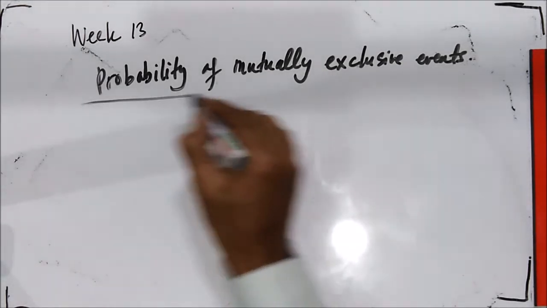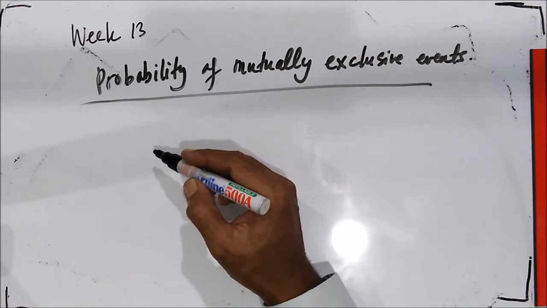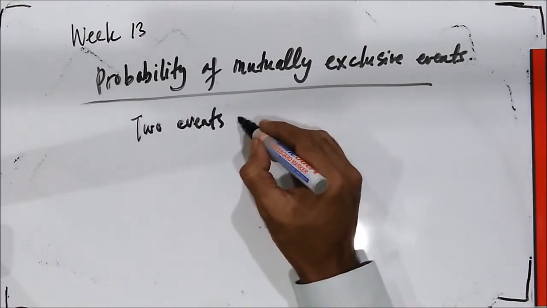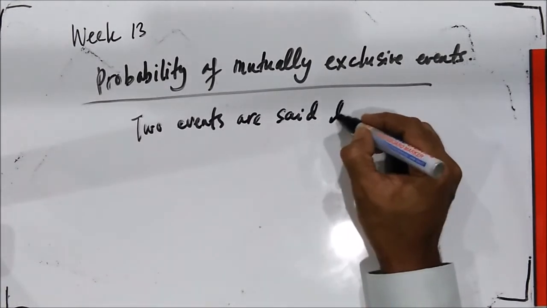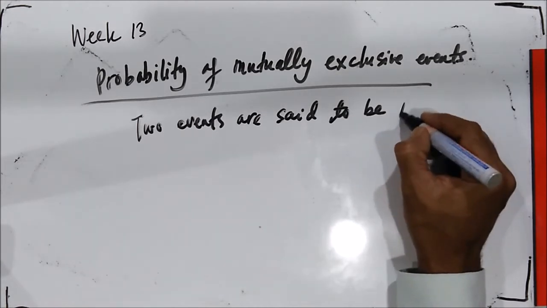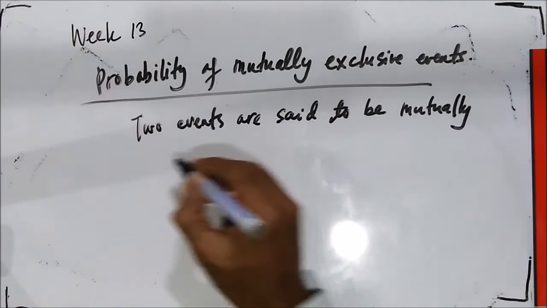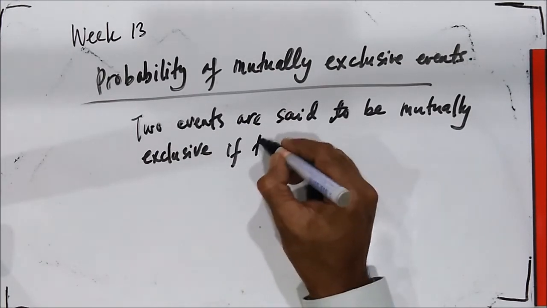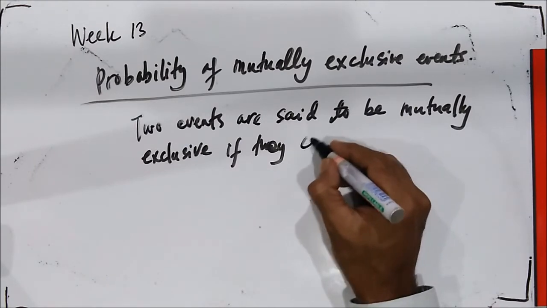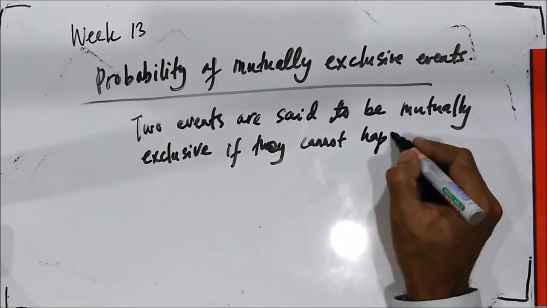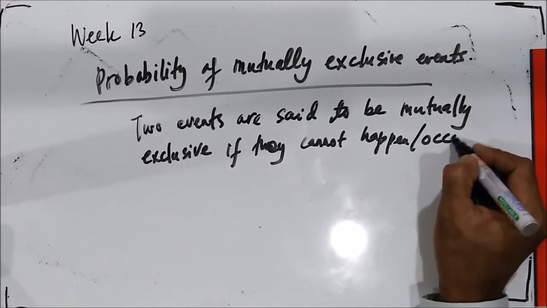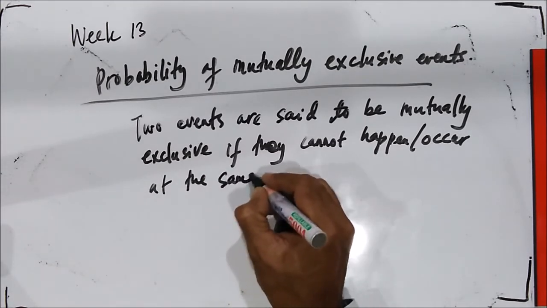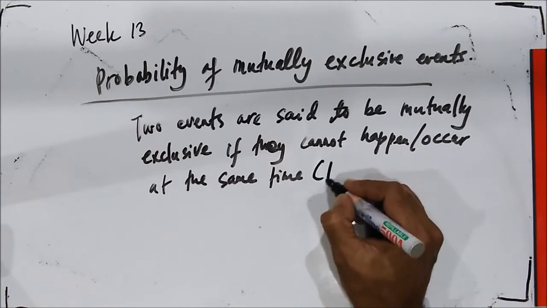So the definition is: two events are said to be mutually exclusive if they cannot happen or cannot occur at the same time, or cannot occur together.